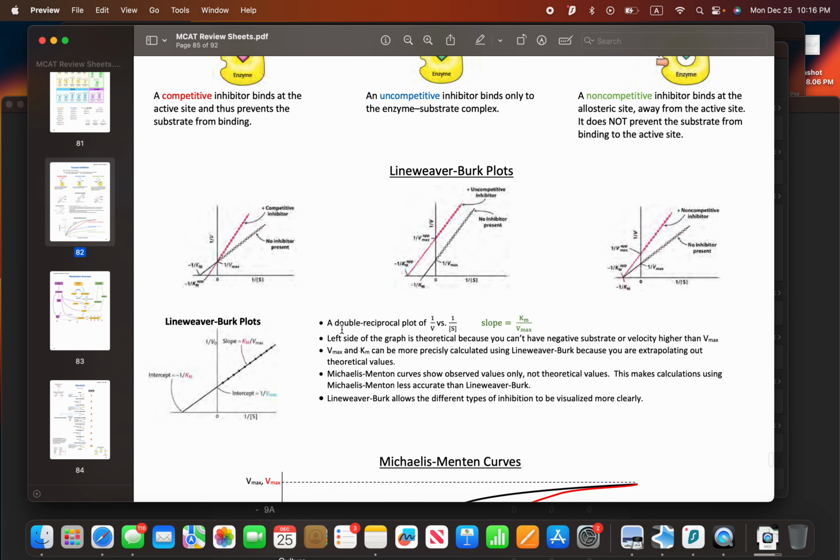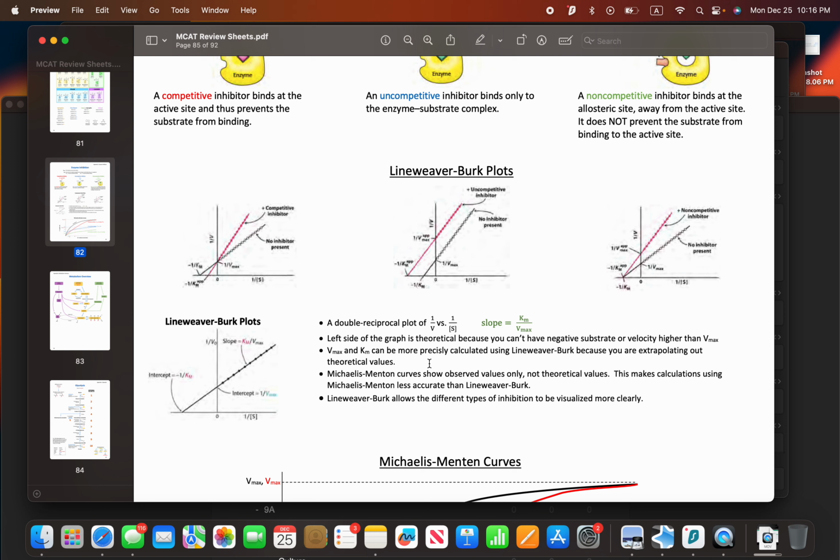Let's just go over these quickly. A double reciprocal plot of 1/V versus 1/S. Slope is Km over Vmax. So the slope is Y over X, which is Km over Vmax. Left side of the graph is theoretical because you can't have negative substrate or velocity higher than Vmax.